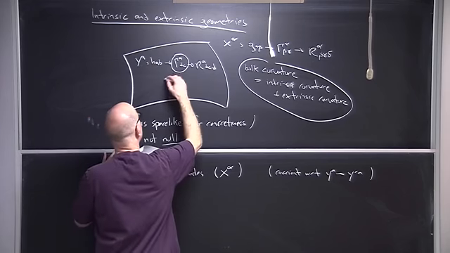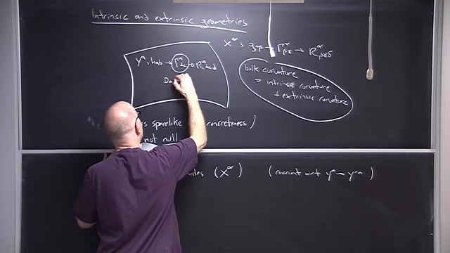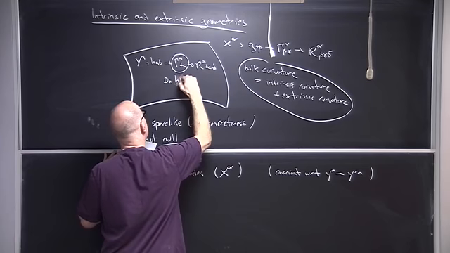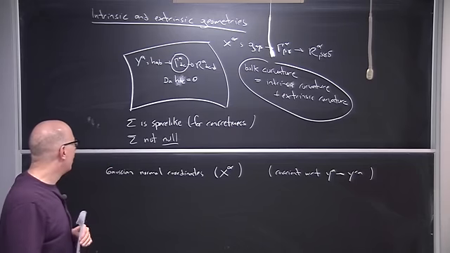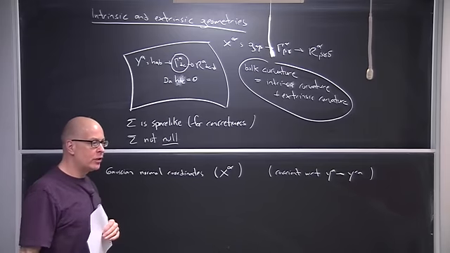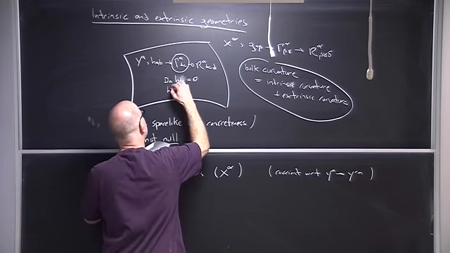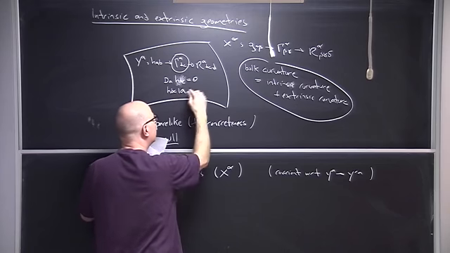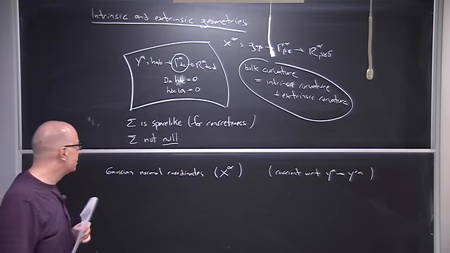And this I'll denote with a D. For example, I might say that D h_bc is 0, and that's the statement that the connection is compatible with the intrinsic metric on the hypersurface, and that's the notation for the intrinsic covariant derivative on the hypersurface. Or another way I might denote this, depending on what I want to do, is with a vertical stroke like this. So two notations for intrinsic covariant derivatives.